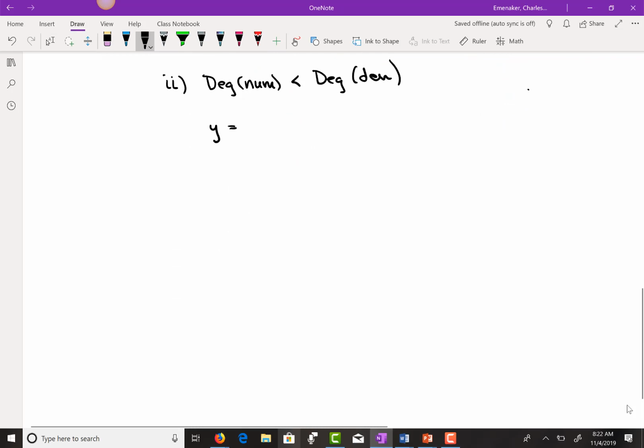Well, keeping it fairly simple, let's say we have x plus 4 over 3x squared minus 9x plus 5. I'm not dealing with vertical asymptotes here. Okay? To get the vertical asymptotes, you would take that 3x squared minus 9x plus 5, set it equal to 0, wouldn't you? And whatever x values give you 0 are your vertical asymptotes.